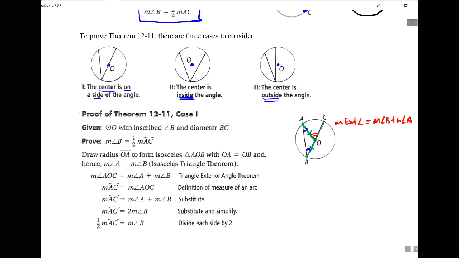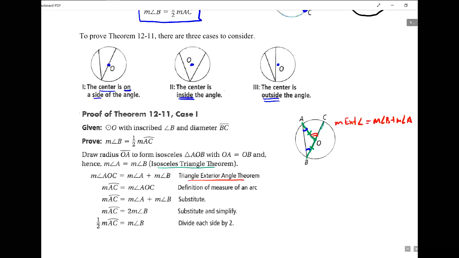We know that angle A is congruent to angle B. So we have used our triangle exterior angle theorem here, and we have used our isosceles triangle theorem.